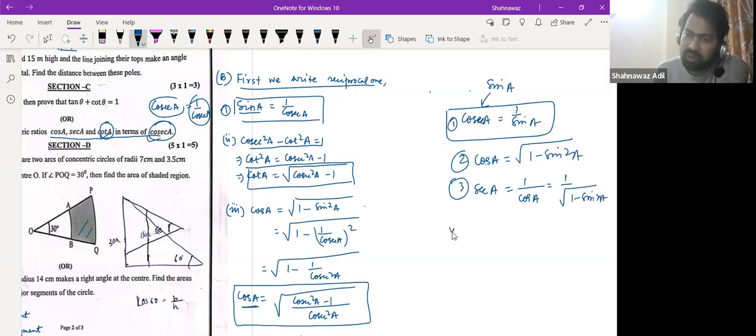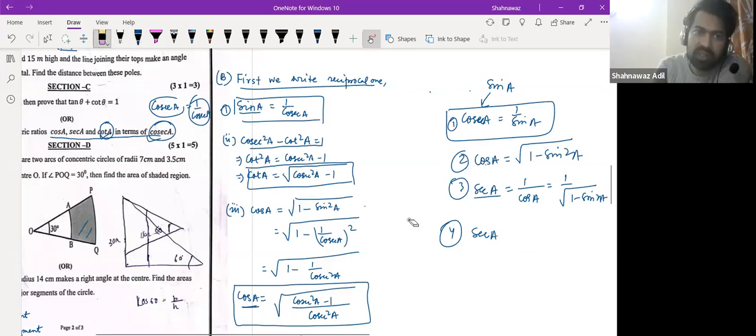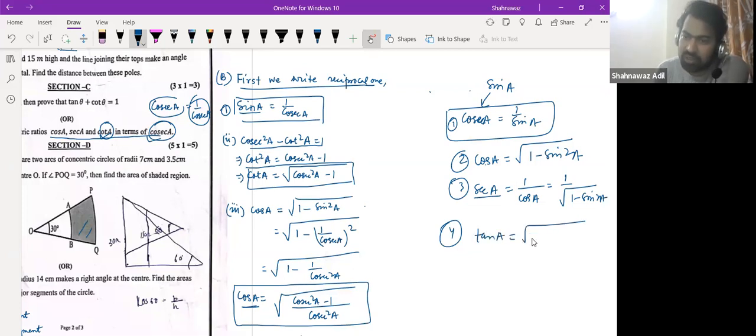And then you can use cosec A to write cot, or you can use sec to write tan. So tan A is root of sec square A minus 1.